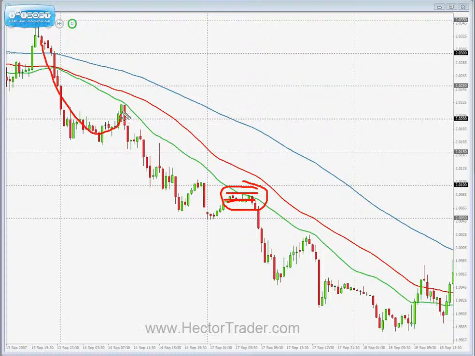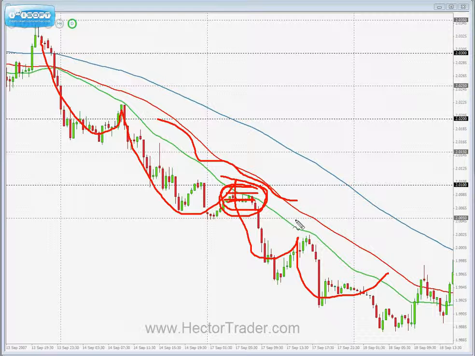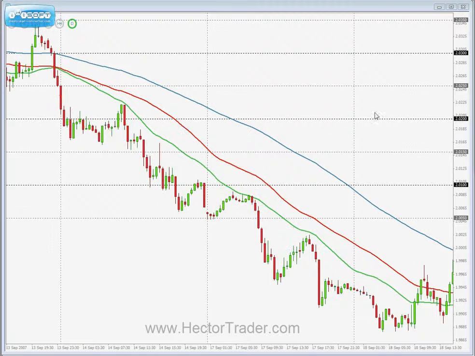In this downtrending scenario, just as the congestion area takes place around the dynamic area of resistance, the breakout will signal the entry. Let me rephrase that. The type of trading we are taking here is still swing trading.